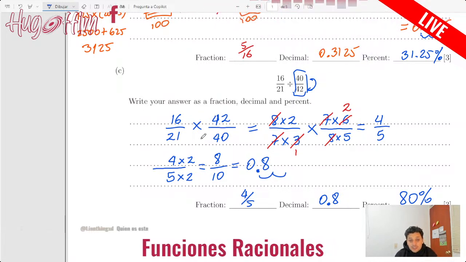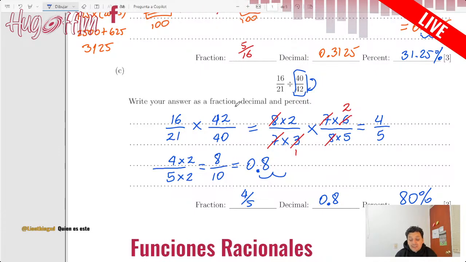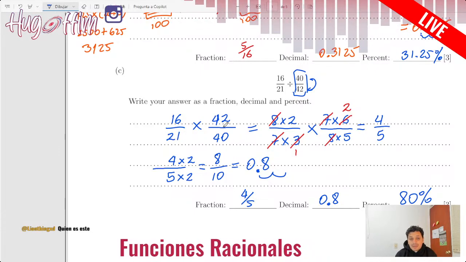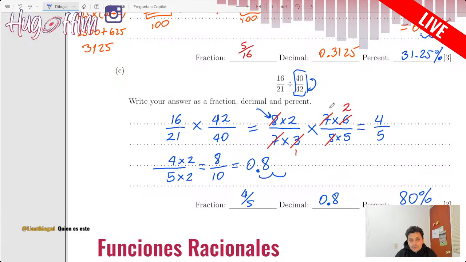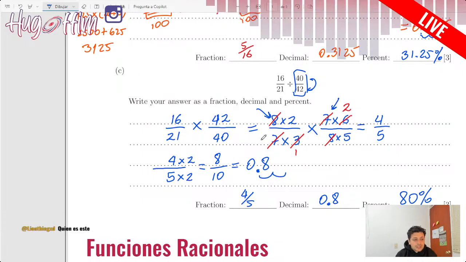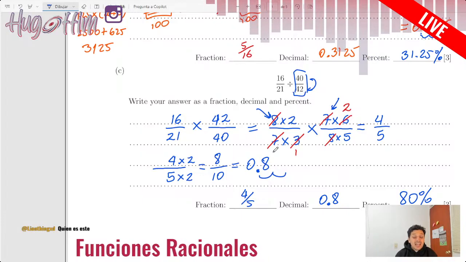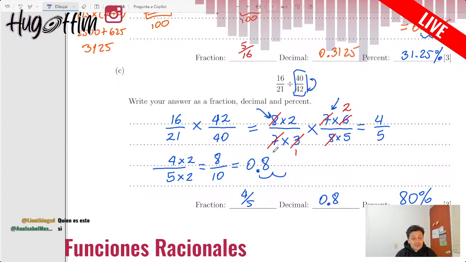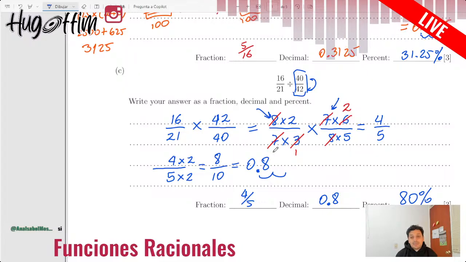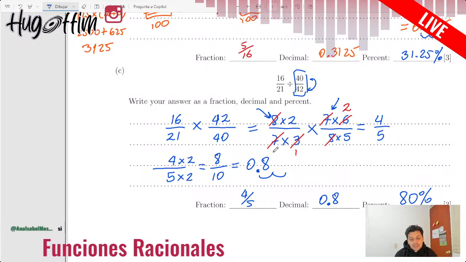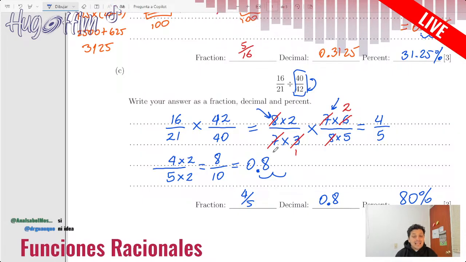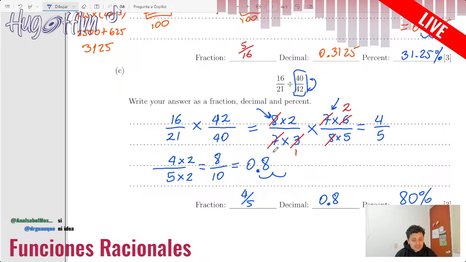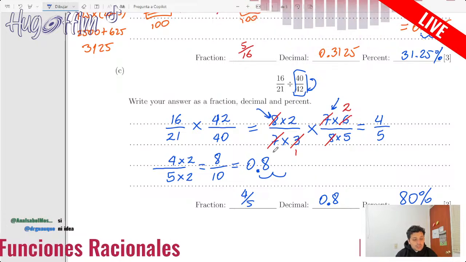And after I multiply these two, simplify these two factors, it's gonna take me a long time. Actually, when you write this form, the multiplication, what you're doing is writing the multiplication that you're going to do and simplify before applying the multiplication. This is the idea, that you simplify before applying the multiplication. This is why I suggest you to simplify first.